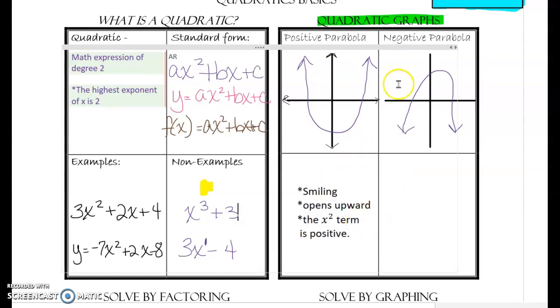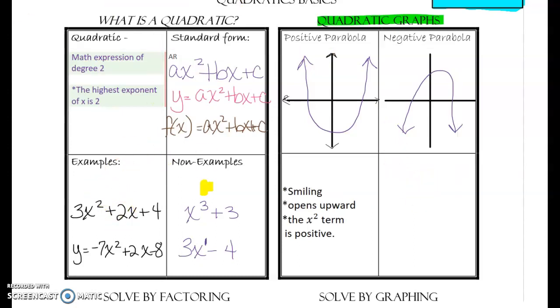Okay, so if a positive parabola looks like it's smiling, what does a negative parabola look like it's doing? It looks like it is frowning. It opens downward.